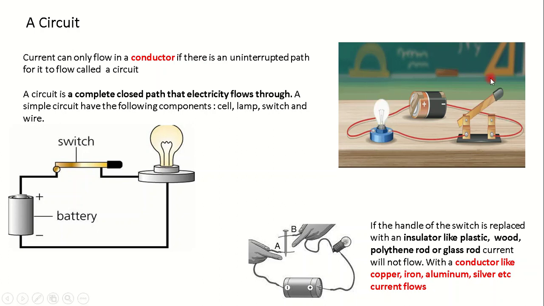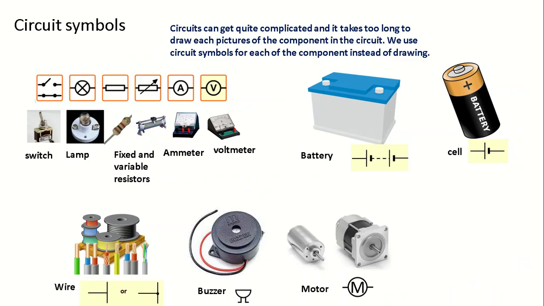This shows that current can only flow through a conductor. But if it's replaced with a conductor like iron, copper, aluminum, or silver, then our bulb will light up, showing that current is flowing.